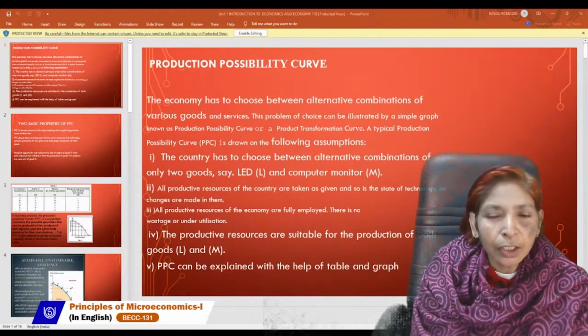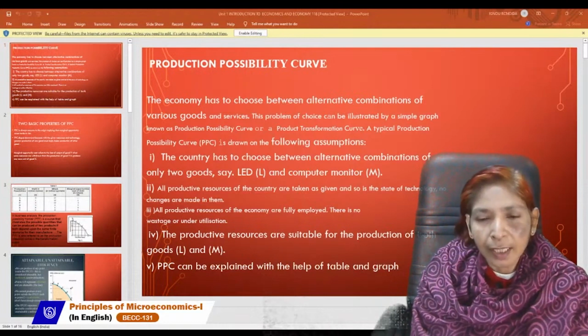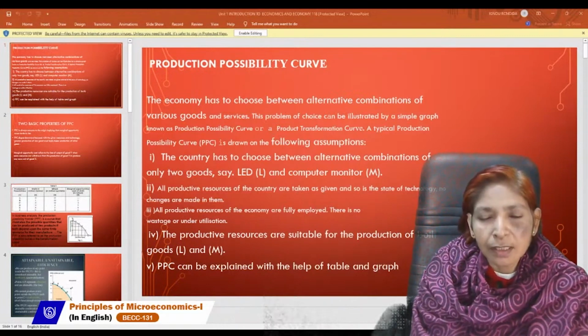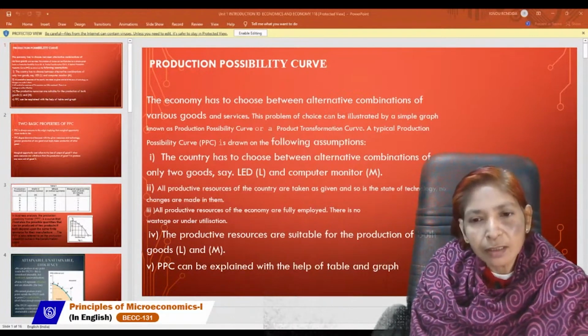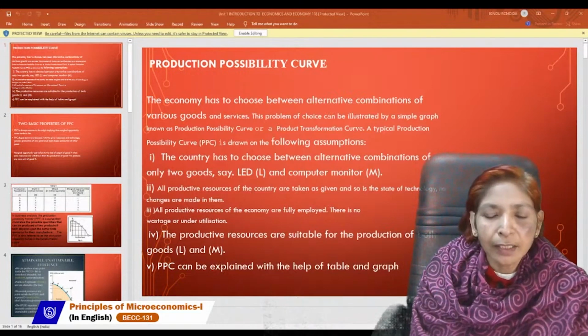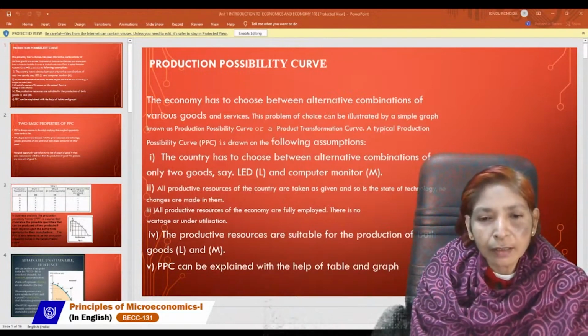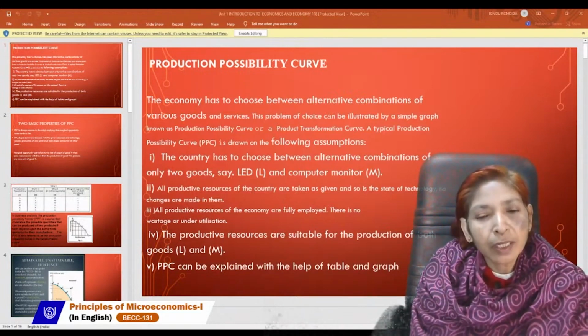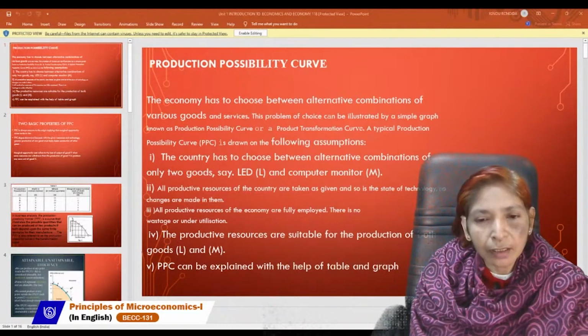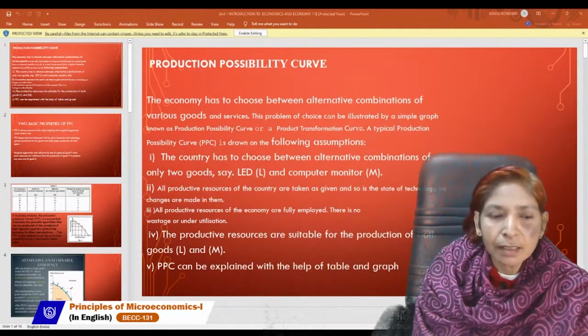It means the growth of resources, like an increase in technological upgradation and efficiency of the labor, is the main cause of rightward shift in PPC. And if resources like technology are outdated, obsolete, or labor is unskilled, inefficient, untrained, or uneducated, then the production possibility curve will shift to the left hand side.